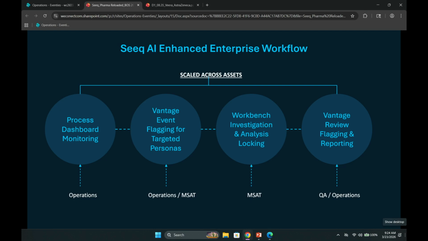Then leading into your MSAT team, going into more of that root cause analysis, those investigations, the deviations, understanding what happened, where are our problem areas in our organization. And then in the end, going to QA where they do the final review, flagging, reporting all of that, verifying that everything was fixed.